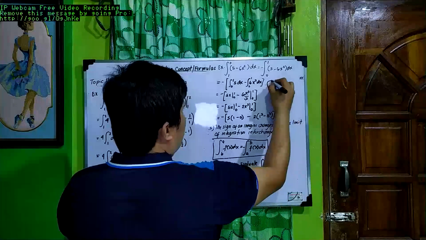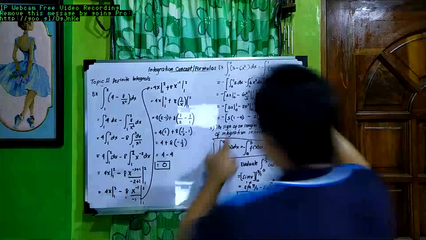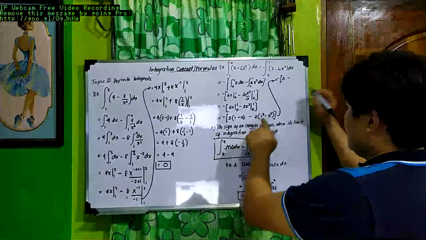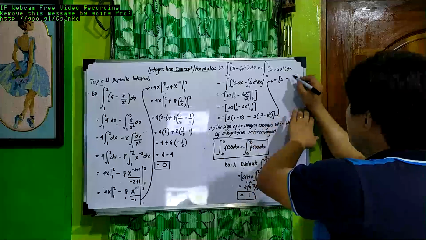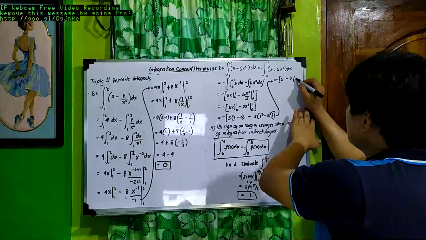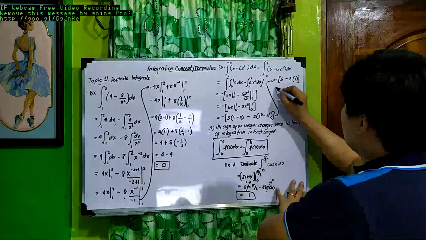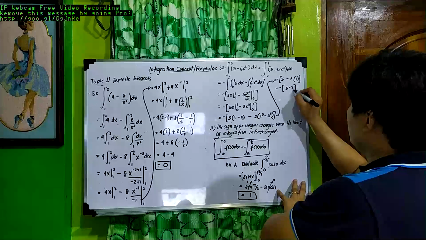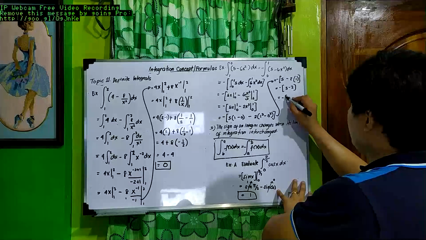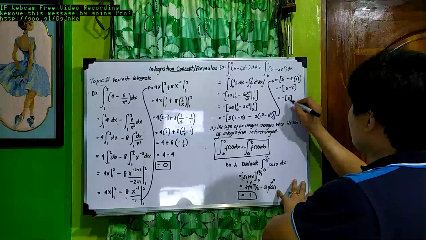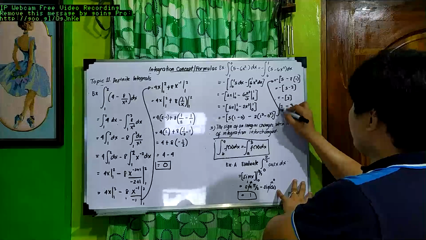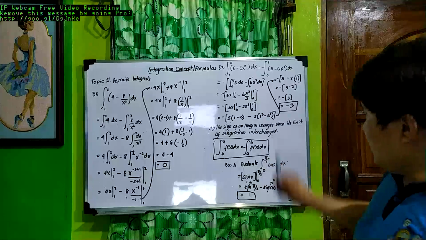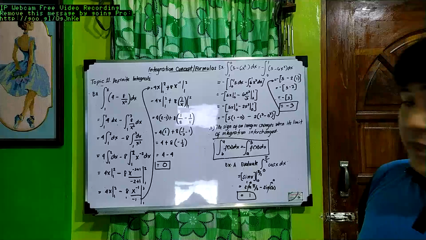So from there, we'll have negative 5 minus 2 times 1, right? And you have negative, that is 3. Therefore, you have negative 3. So that is for our third property of the definite integral.